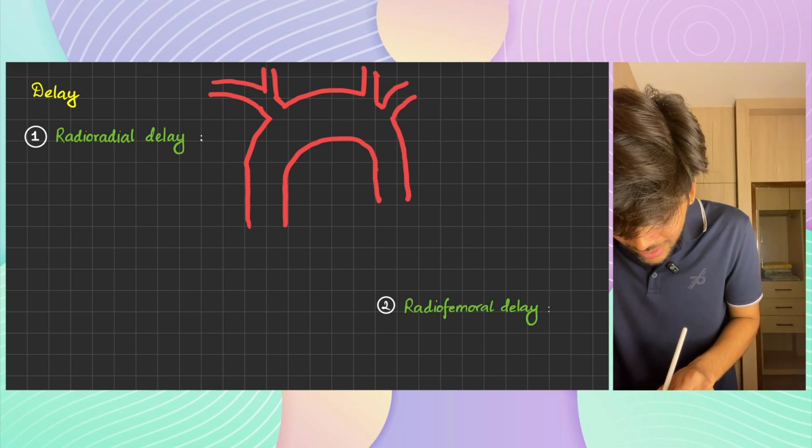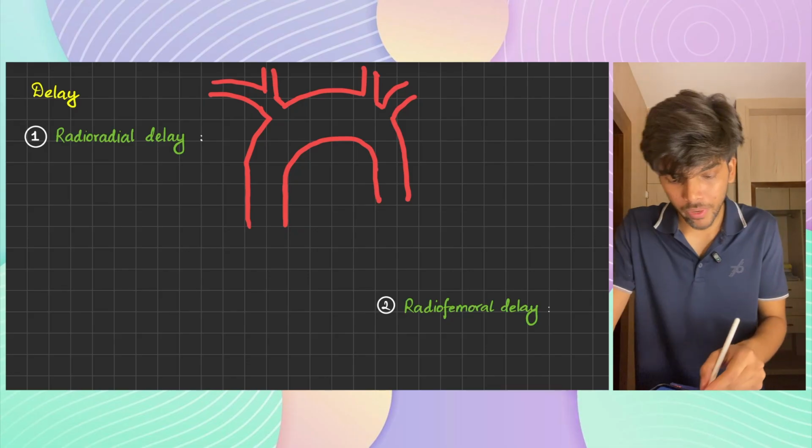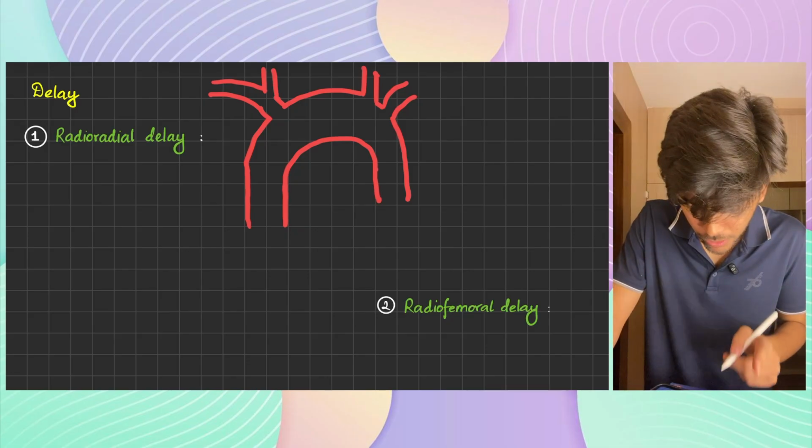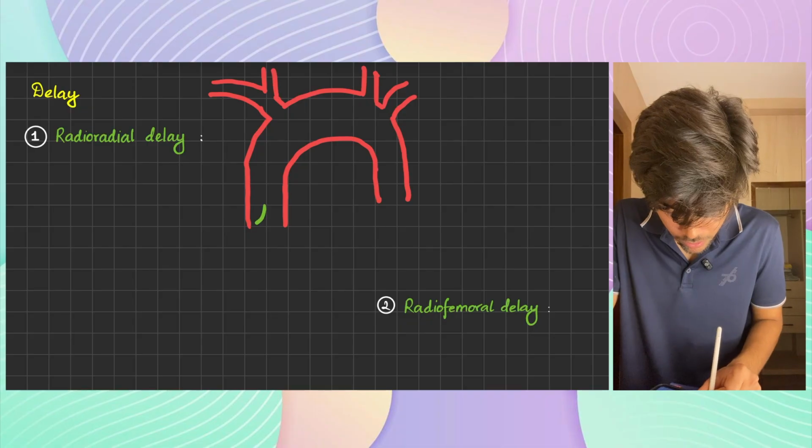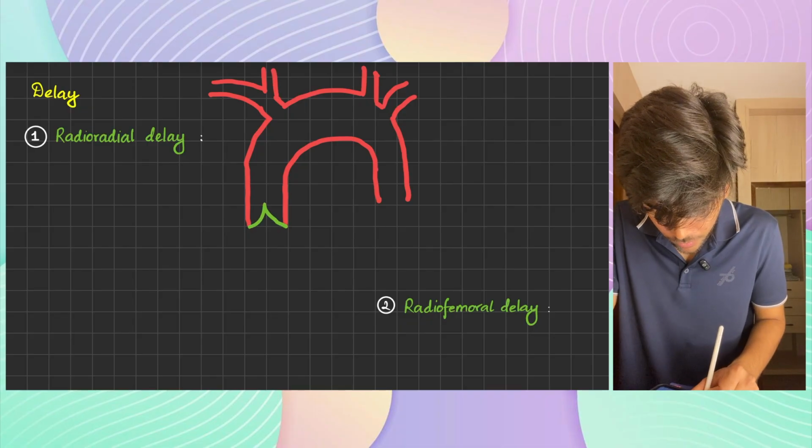So, for radioradial delay, what can happen? Number one, from below upward. Here is your aortic valve.